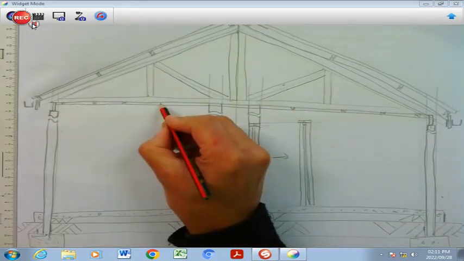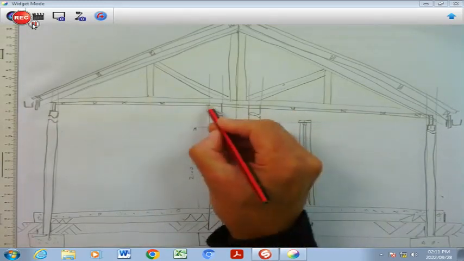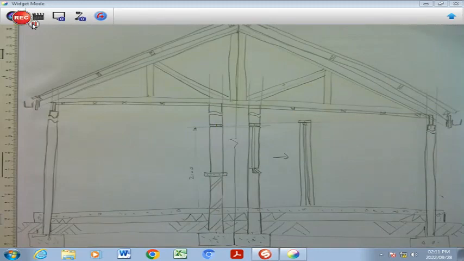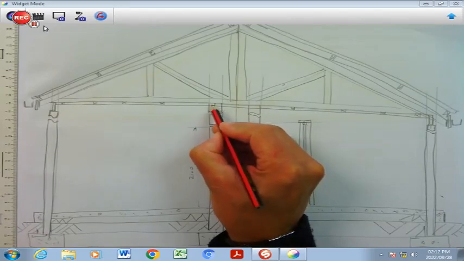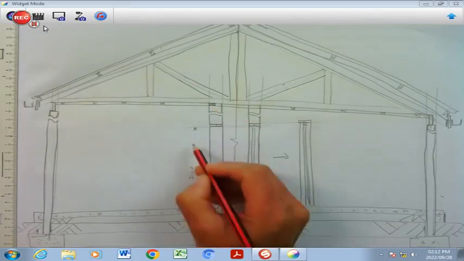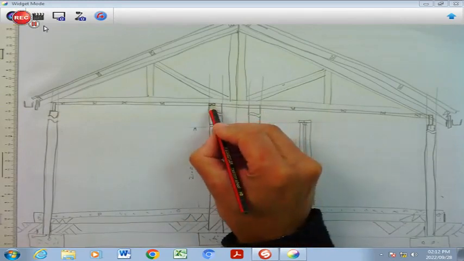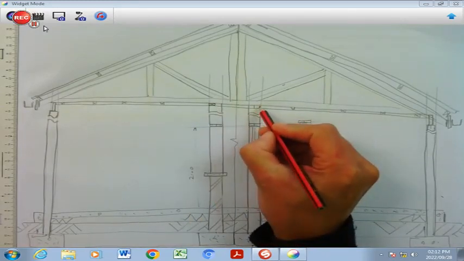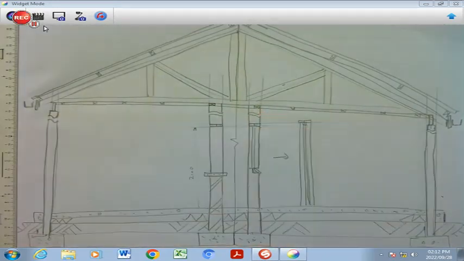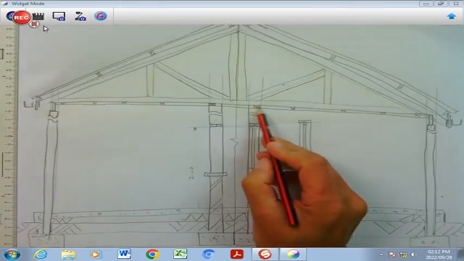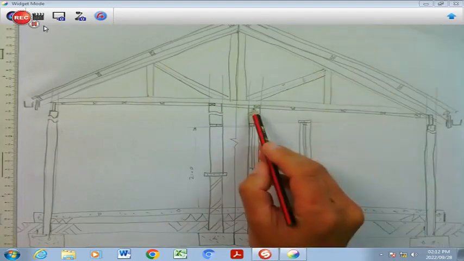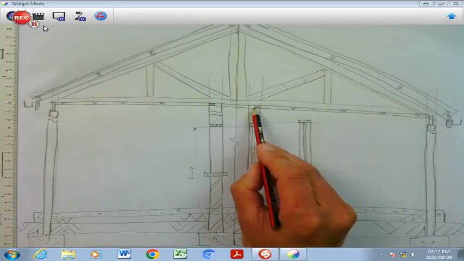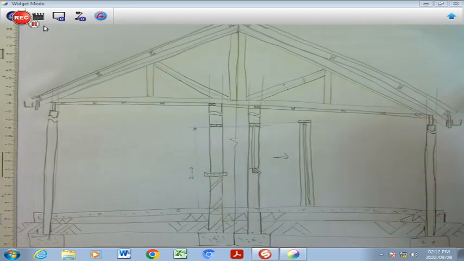So all of these can be put in as well. Under the truss that makes contact with the wall will be our wall plate, which is half of the wall, like that. That's my wall plate on this side here, and my wall plate will be on this side here. So you can create these 6 millimeter wall plate, which is the same size as that there, which is slightly more than half of this thickness of this wall.